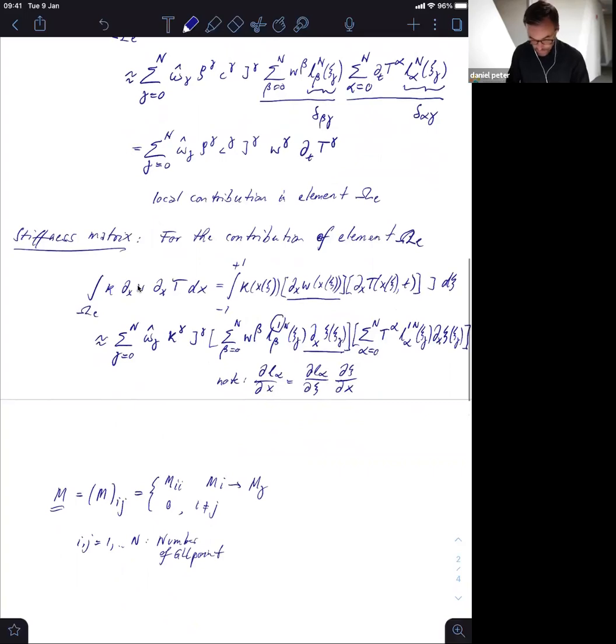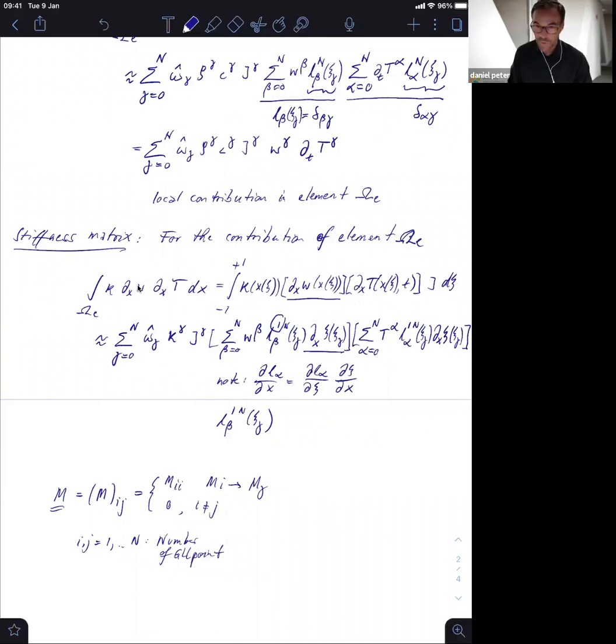So what is the derivative of a Lagrange polynomial evaluated at a GLL point xi gamma? You see here on top with the mass matrix, we had not the derivatives, but the polynomials. L beta xi gamma was this delta beta gamma function.